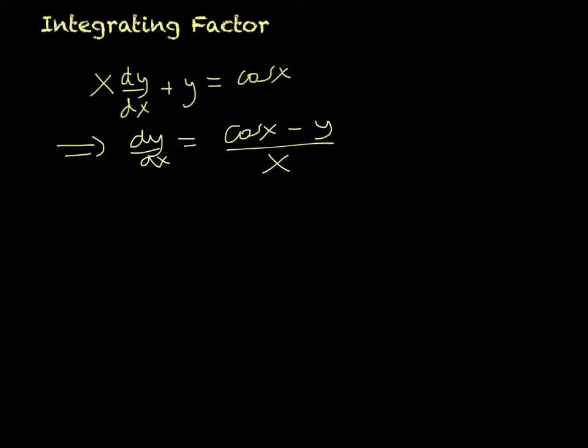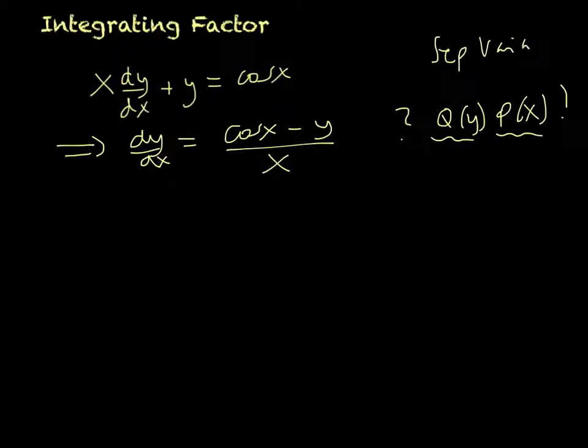Can this be split into our q of y, p of x format? No. The answer is no. There's no way I can separate the variables here. I can't individualize my two functions. So therefore, our separation of variables method is redundant here. We can't use it. We need something else.